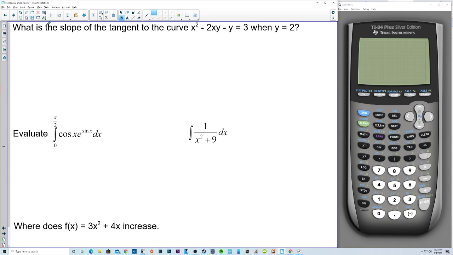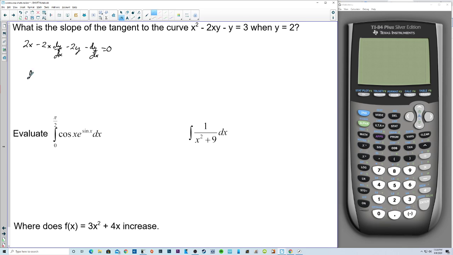What is the slope of the tangent to the curve when y equals 2? So the derivative is 2x first times the derivative of the second. It's going to be plus the second times the derivative of the first, but the derivative of the first is negative 2. So minus 2y minus dy dx is equal to 0.